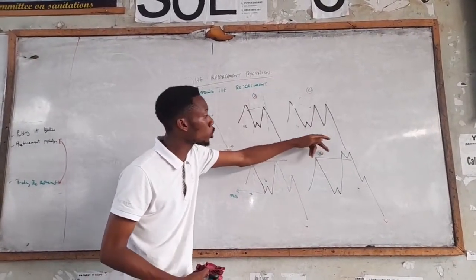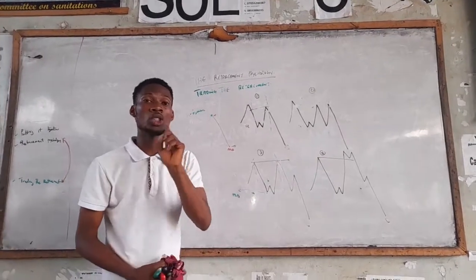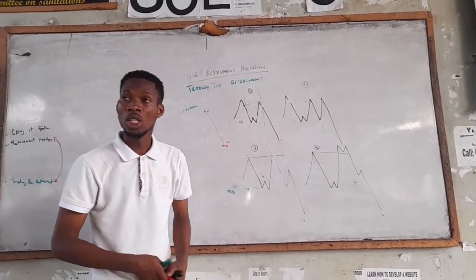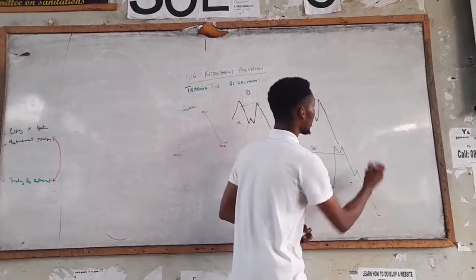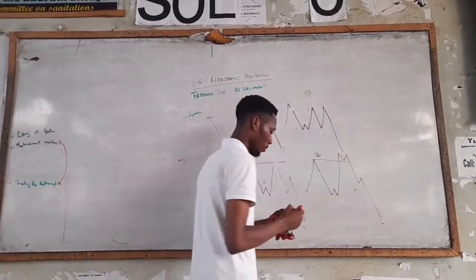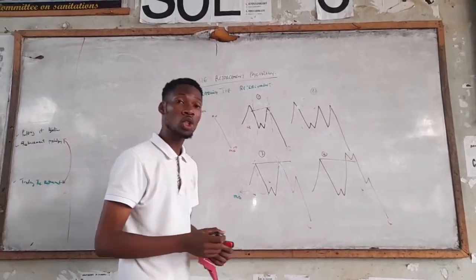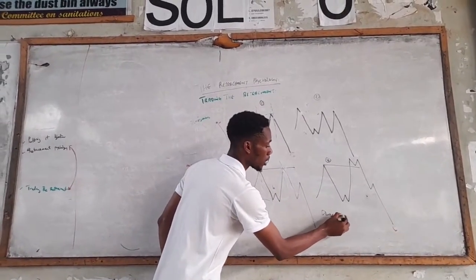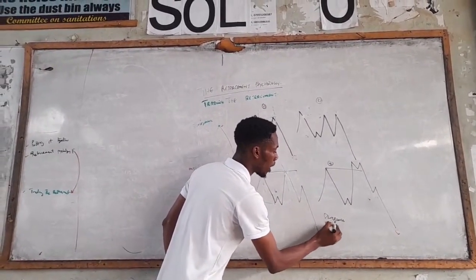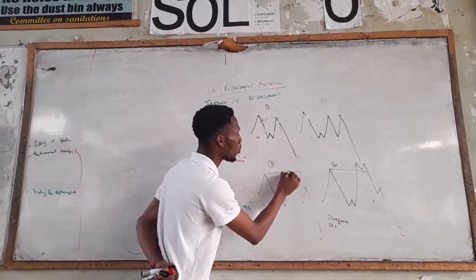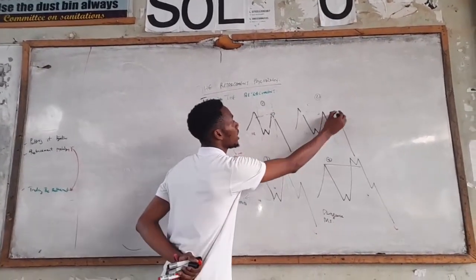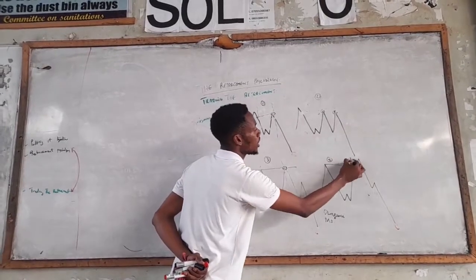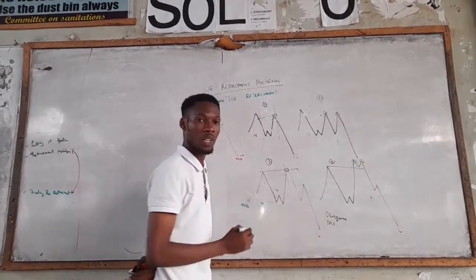But before you take your trade from all these places, you must ensure you have your entry rules. That is a divergence and a break of MS at this key level where C starts from.